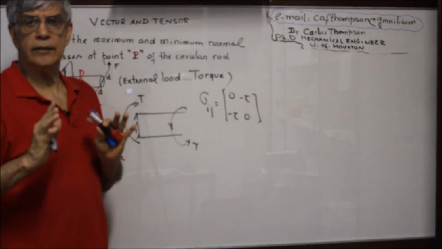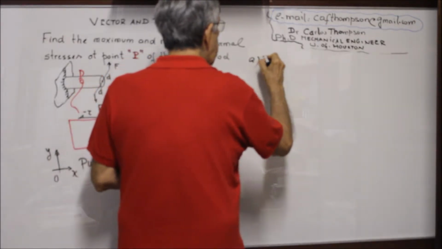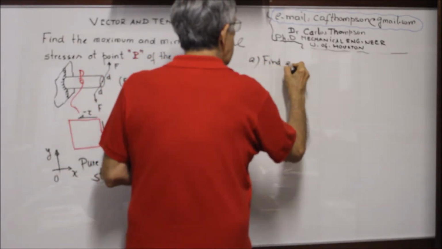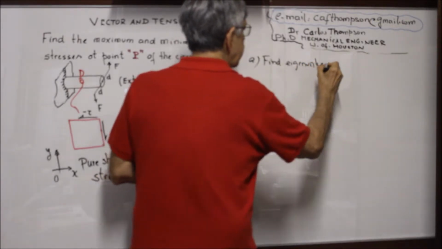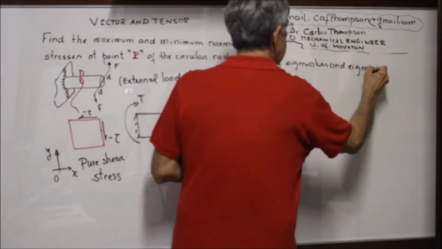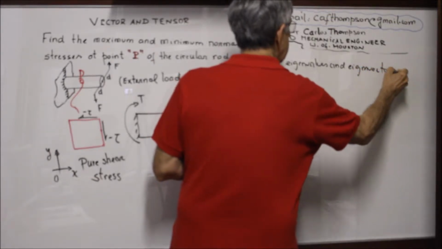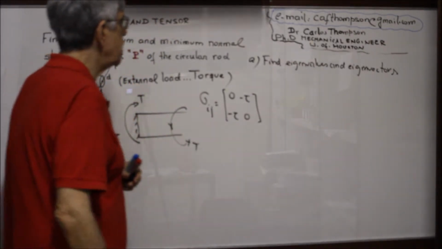follow two ways. The first one is to find the eigenvalues and eigenvectors. Let's start doing this for this matrix here.